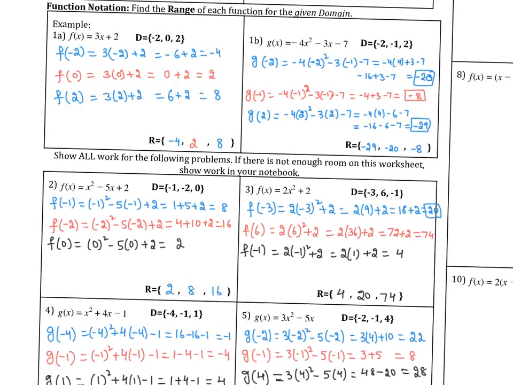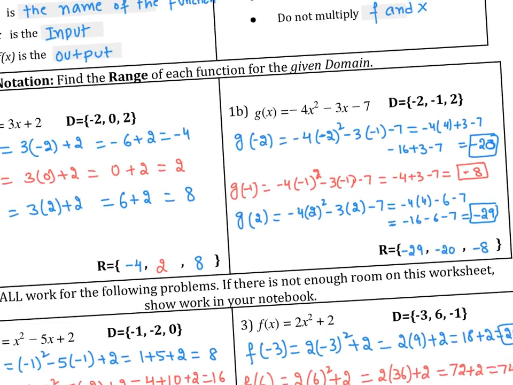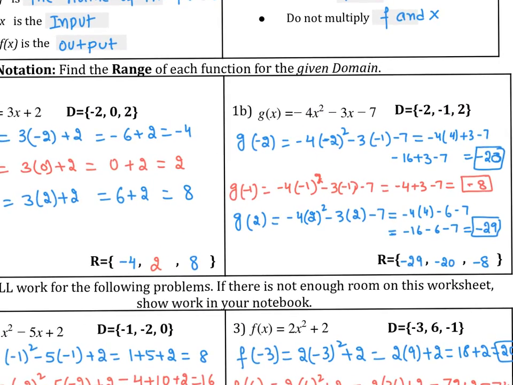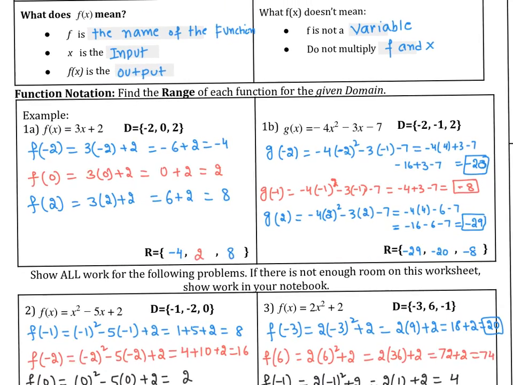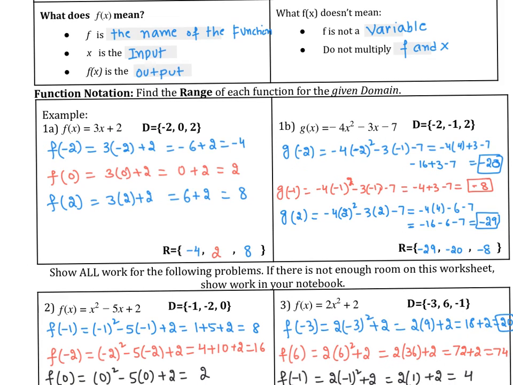I want to make a correction on 1B. I made a mistake here for 1B, everyone. For 1B, what I should have here is negative 2. And then this is going to give me negative 16 plus 6 minus 7.